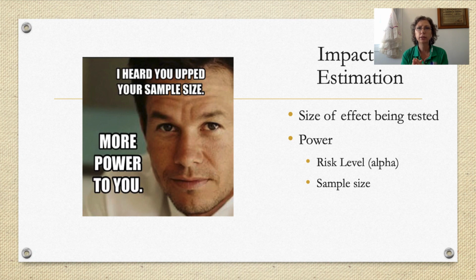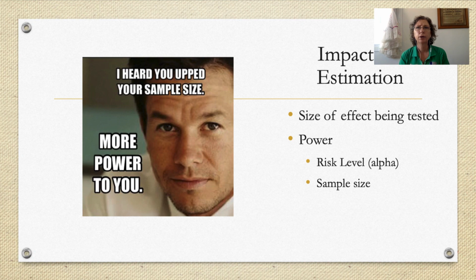And that's going to have to do with the risk level they're willing to take. And as we said, in psychology we typically use a risk level of 0.05, a 5% chance of making a type 1 error. And the sample size: the smaller the effect you're looking for, the bigger the sample size you need.